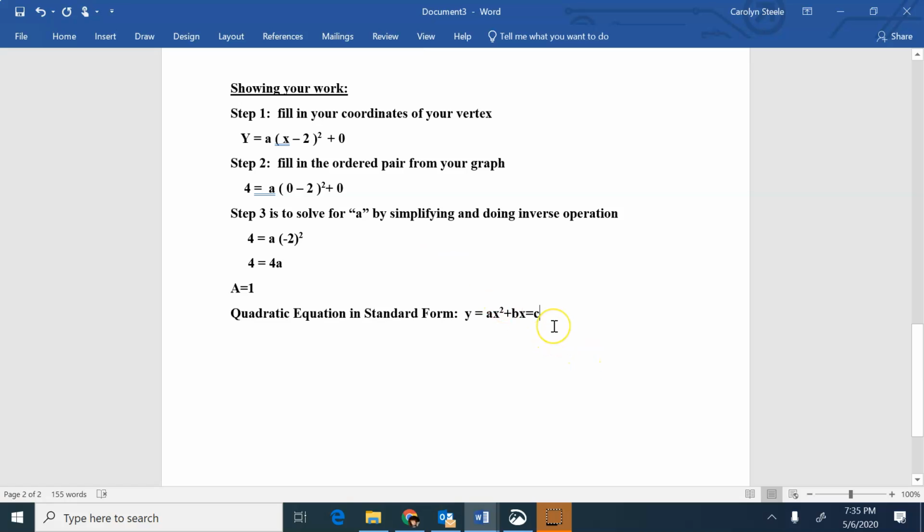Now that's our norm. Okay, so that's our normal standard form for a quadratic equation.